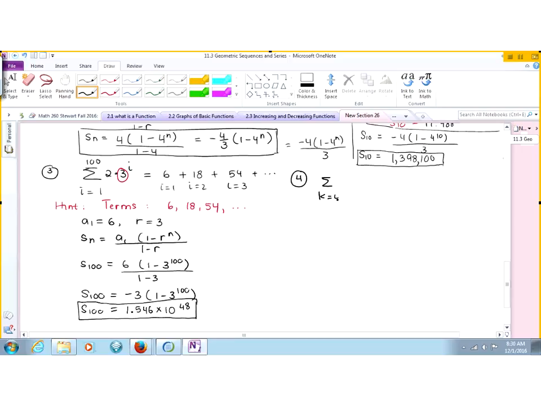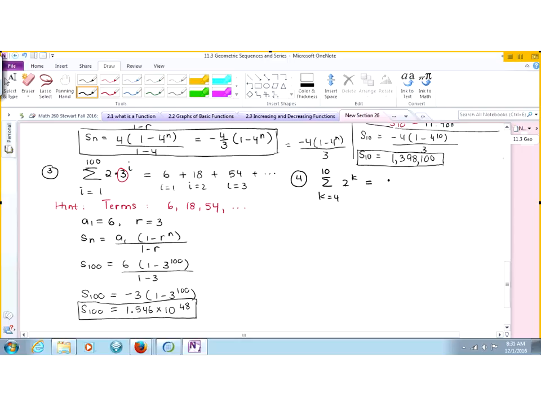What about sigma, k goes from 4 to 10 of 2 to the k? Again, does it matter that k doesn't start from 1? It actually doesn't matter, but we have to make sure we count what n is. So let's list the summation.